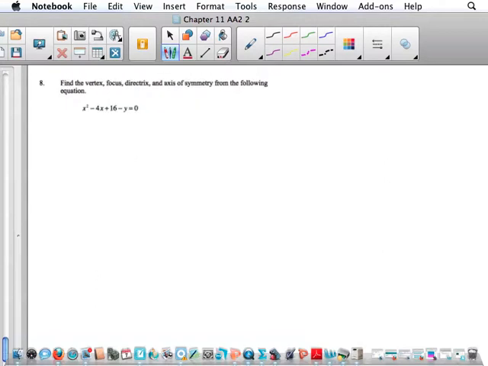Last one, number 8. Find the vertex, focus, directrix, and axis of symmetry of the following. So again, I'm going to get this in the standard form, y is equal to a times (x - h) squared plus k. So I'll add the y to both sides. y is equal to x squared minus 4x plus 16. So I'm going to divide b by 2, so I'm going to add 4 here and subtract 4 here.